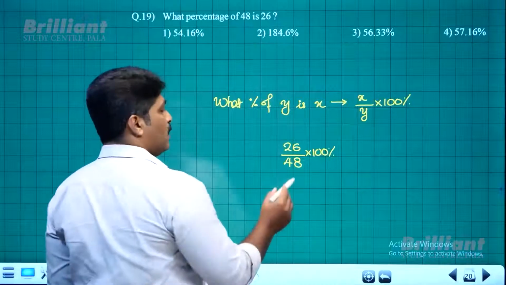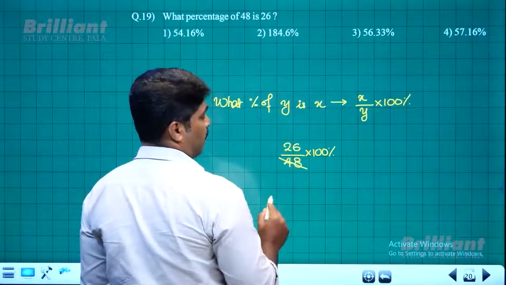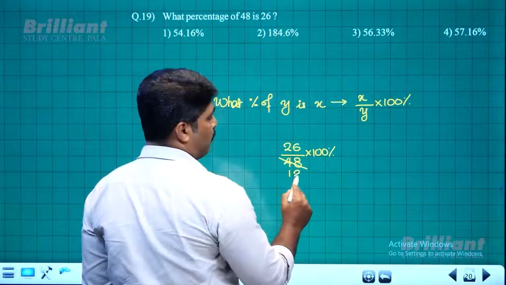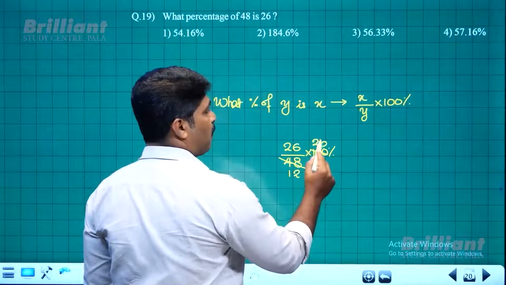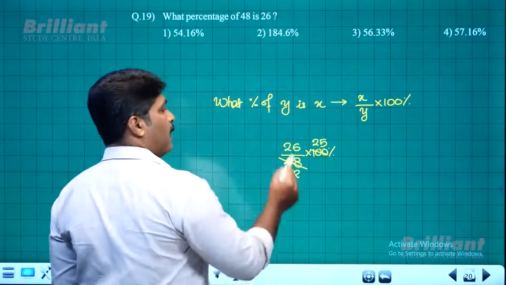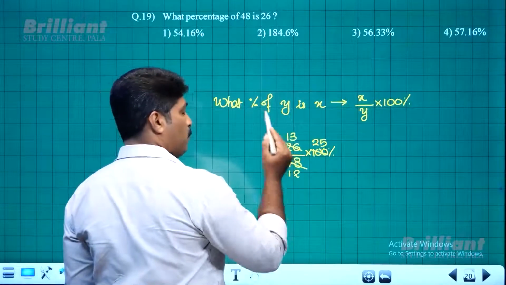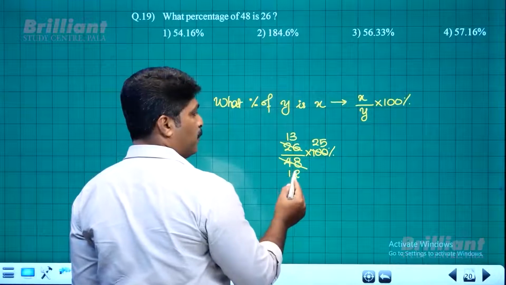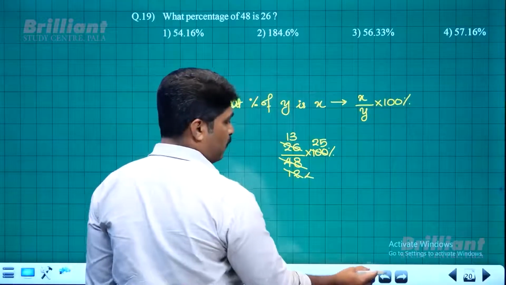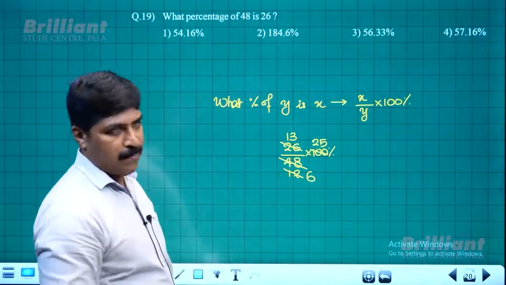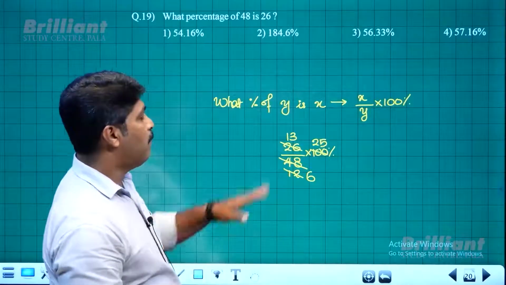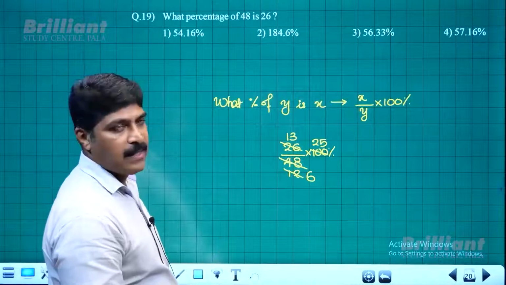So therefore you just simplify it like this. 12 times 4 is equal to 48. 25 times 4 is equal to 100. 13 times 2 is equal to 26. 6 times 2 is equal to 12. Then you have to multiply these values, then divide by 6.